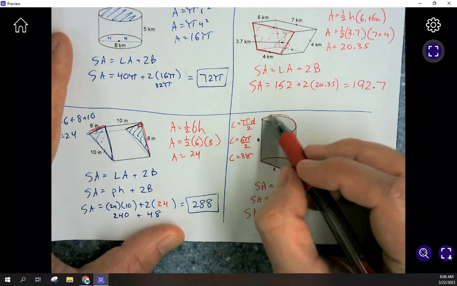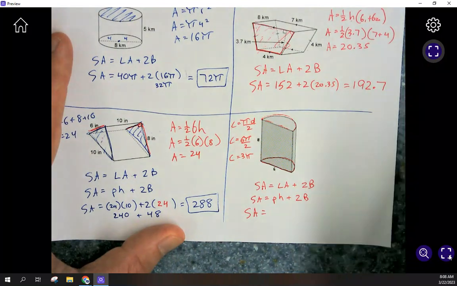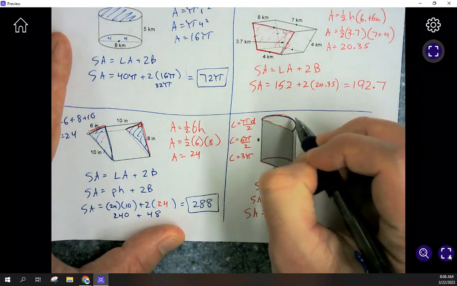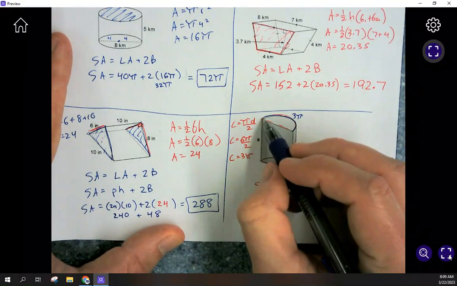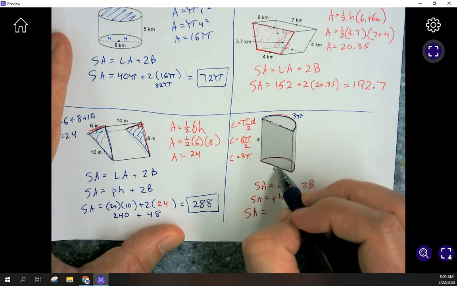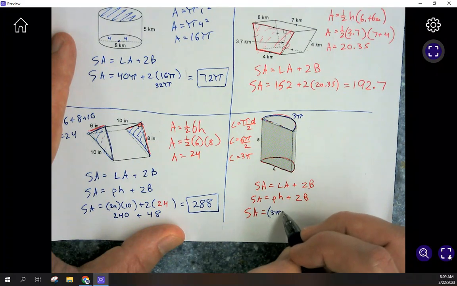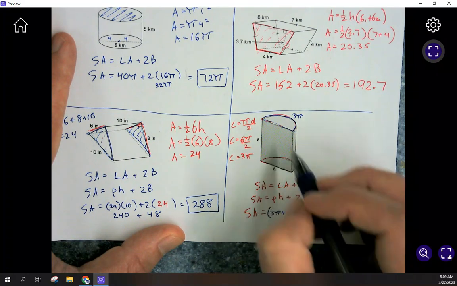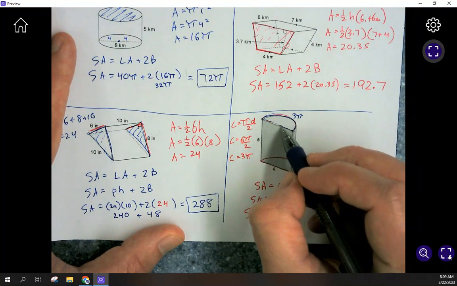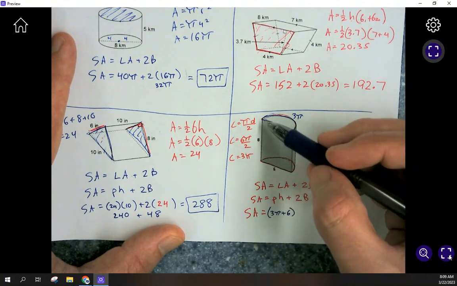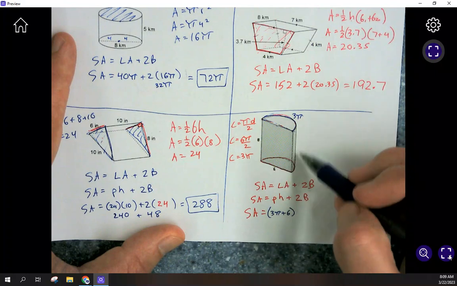So the circumference of this outside part right here is 3 pi. And I have to add in this straight side here of 6. So my perimeter is 3 pi plus 6. 3 pi for the curve, 6 for the straight line. And that's finding my total lateral area.